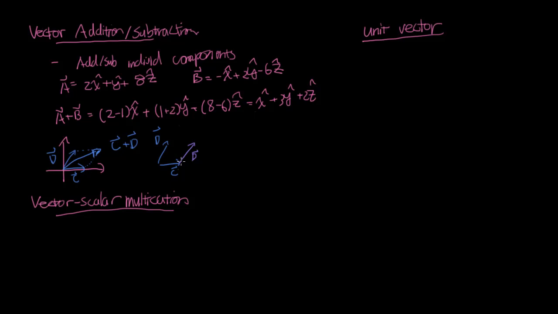So this head is connected to this tail, and you can do this for as many vectors as you want. Once they form a single chain of heads to tails together, you just take one end, the tail, and connect it to the head at the very end, and there you have it. You have c plus d.